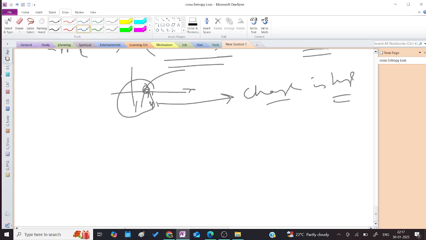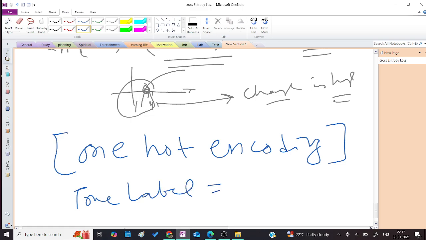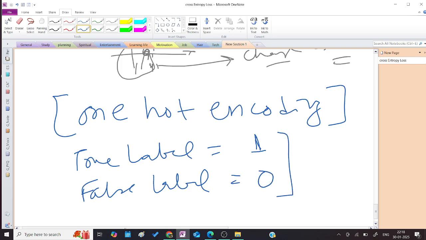Remember one more thing, that it is for one hot encoding. That means the true label is given by 1. So whatever class is true will be 1, and all the false labels equal 0, right?